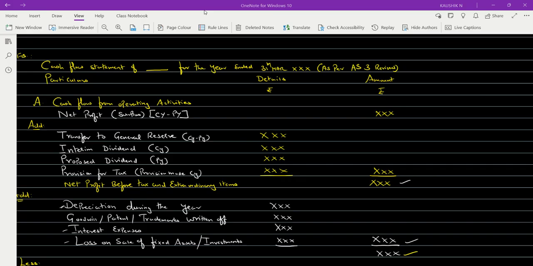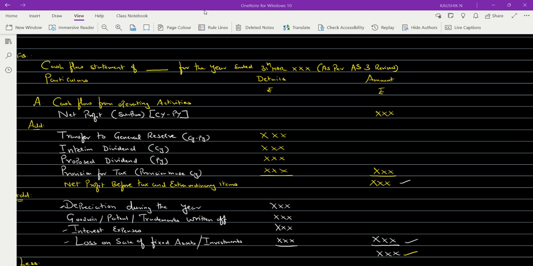When I say fixed assets here, it refers to both tangible as well as intangible. Can you take it in that sense? A fixed asset can be of both types, tangible and intangible, so the possibility to sell both assets is there.